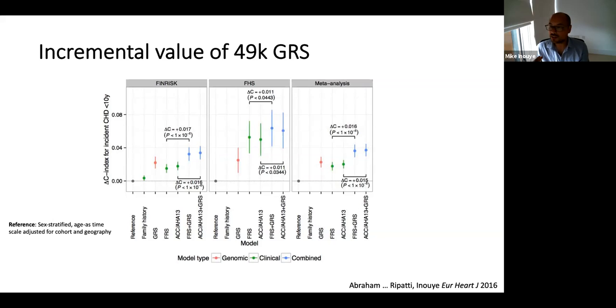We see consistent patterns across both FINRISK and the Framingham Heart Study: when you add in the genomic risk score, it adds roughly as much as the Framingham or ACC-AHA, but because they are orthogonal information, the maximum gain in C index is when you combine those two classes of risk factors together.